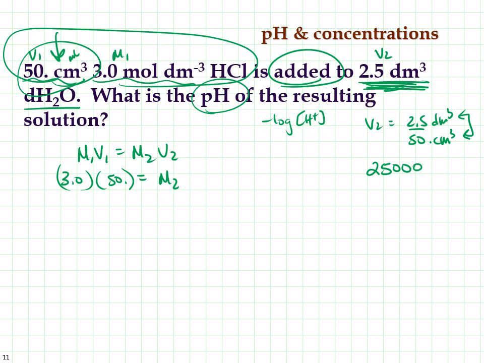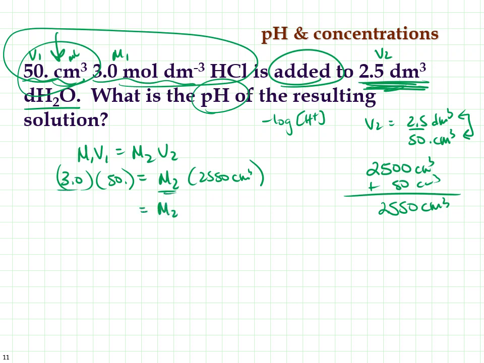Whoops, I have too many zeros. Multiply that not by 10,000, just by 1,000. I got excited about my zeros. Add the 50 that we started with, and so my new volume is 2550 cubic centimeters. Good.